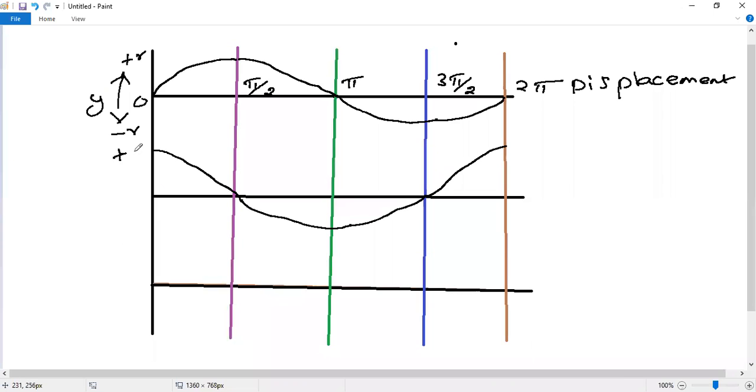This is positive r omega. This is negative r omega. In between, velocity v.